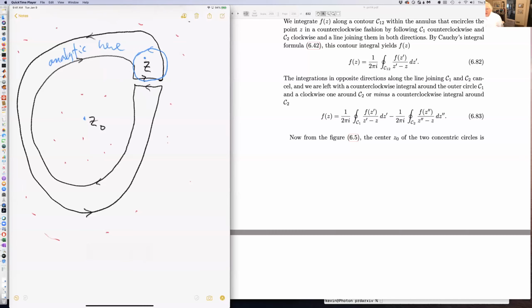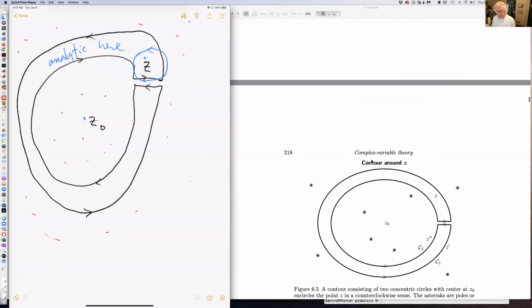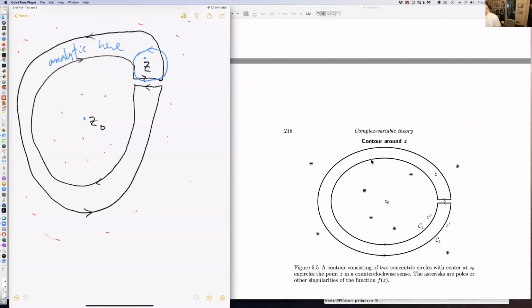So that does give us f of z, no problem with that. On the other hand, we can take the original contour, with this as C1 and this as C2, and take the limit in which these two guys approach each other here, so that they cancel exactly.